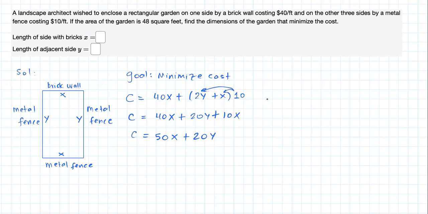Now, we have a constraint, a limitation, which is this: the area should be equal to 48 square feet, right? Which means that X times Y, no matter how we construct this rectangular shape, should be equal to 48.